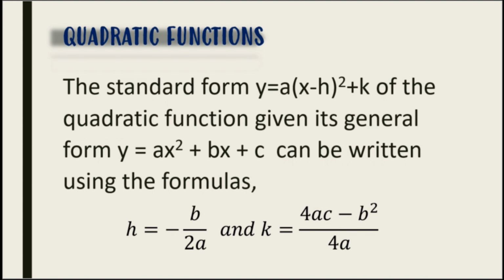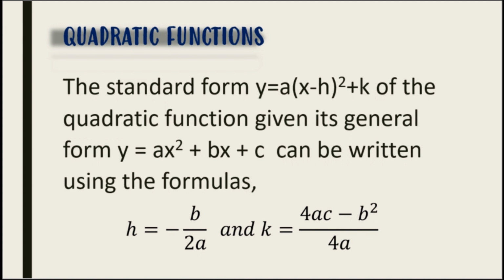The standard form y is equal to a quantity x minus h quantity squared plus k of the quadratic function, given its general form y is equal to ax squared plus bx plus c, can be written using the formulas h is equal to -b over 2a and k is equal to 4ac minus b squared all over 4a.